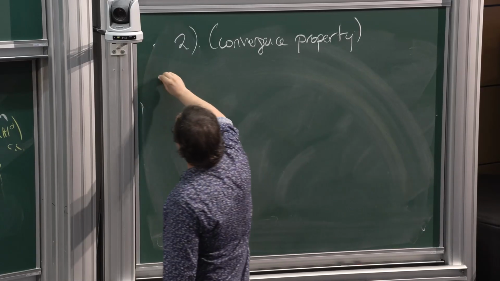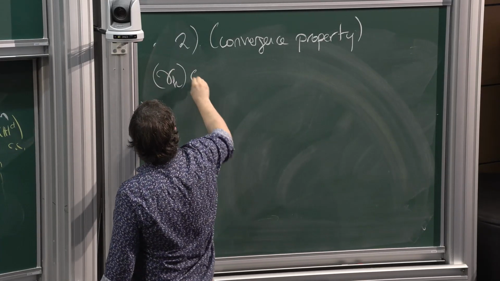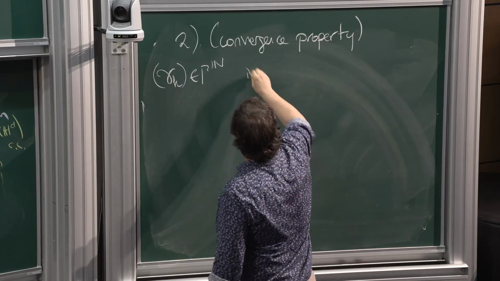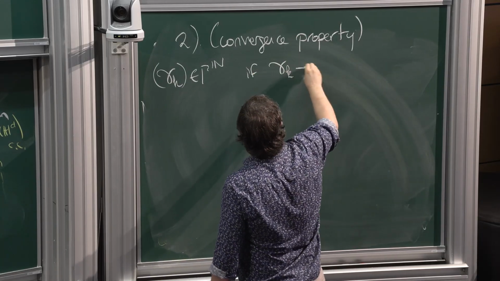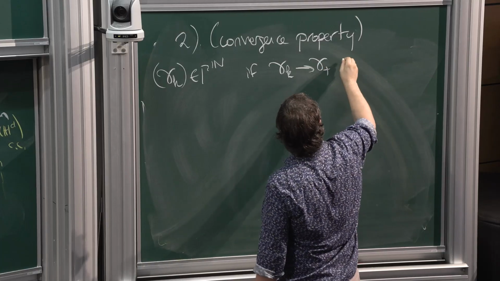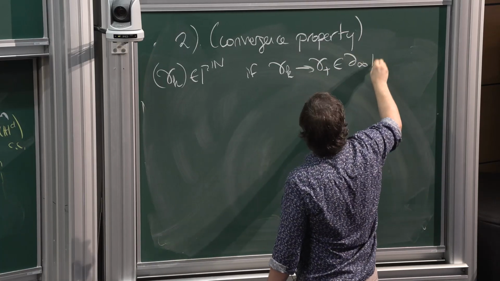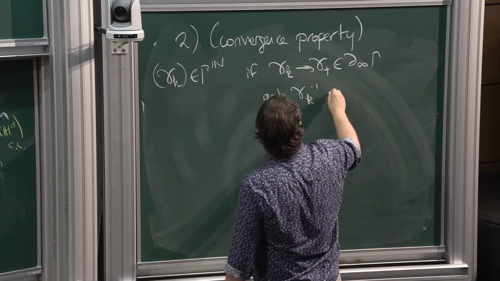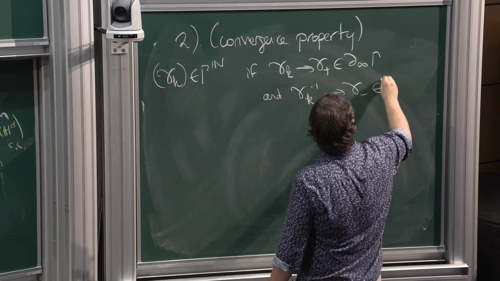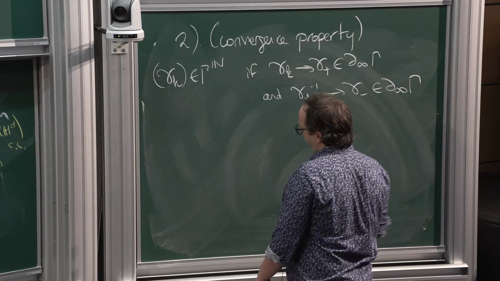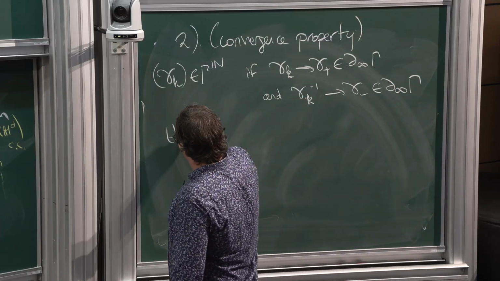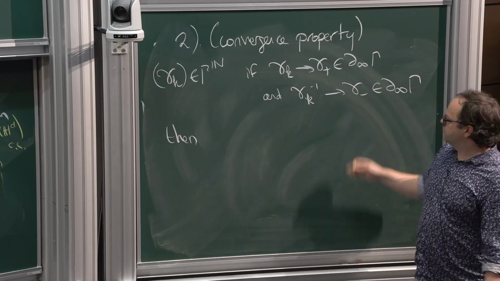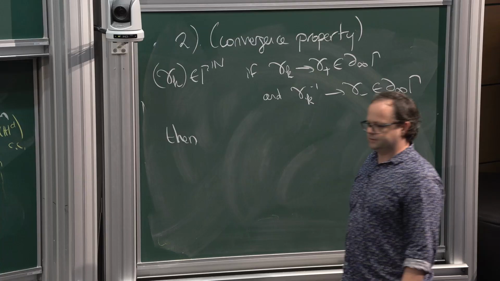Which is that if you have a sequence gamma k in your group, and if gamma k converges to some point in the boundary, call it gamma plus, and the inverses of gamma k also converge to some point, gamma minus, then when you let gamma k act on any point except possibly gamma minus, it will converge to gamma plus.